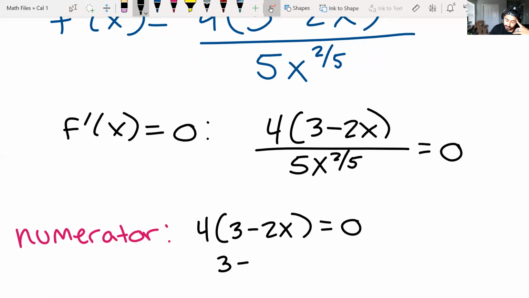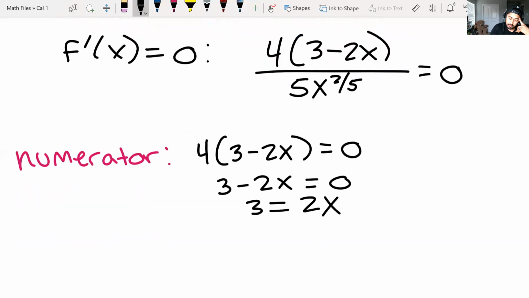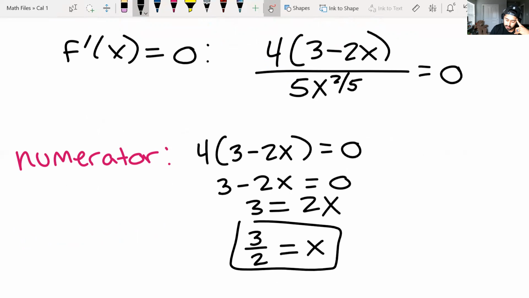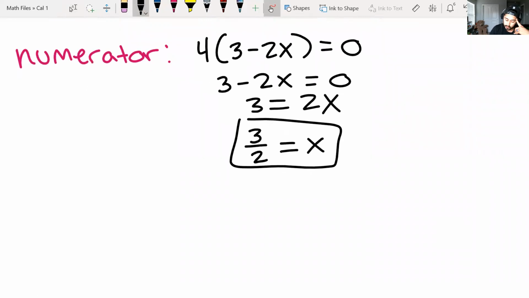I get 3 minus 2x equal to 0, which gives me 3 equal to 2x. This means that x is equal to 3/2. This is my first critical number.